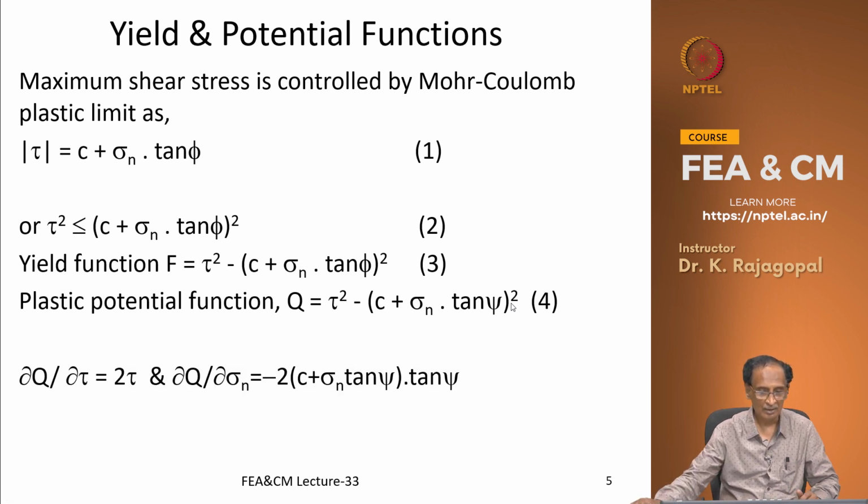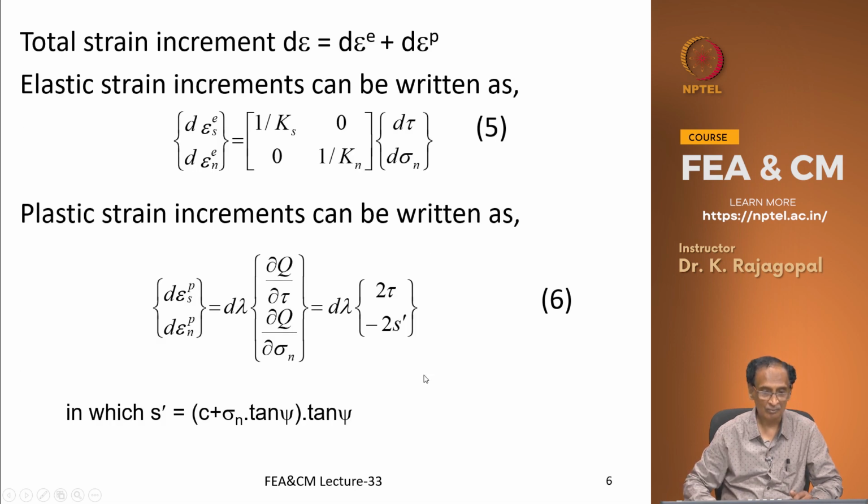and dou q by dou tau is just simply 2 tau, and dou q by dou sigma n is minus 2 times (c plus sigma n tan psi) times tan psi.